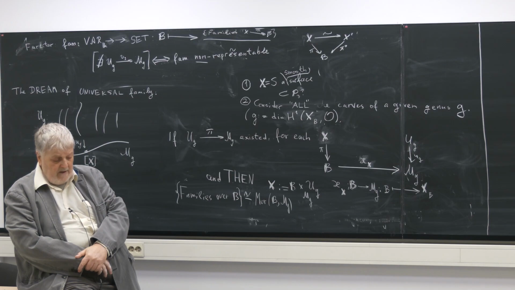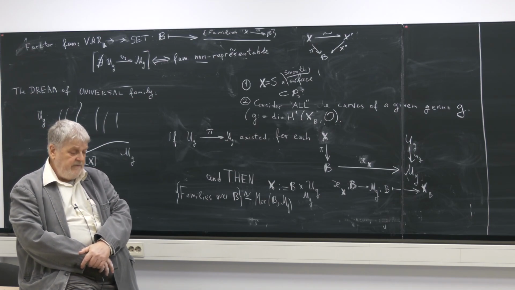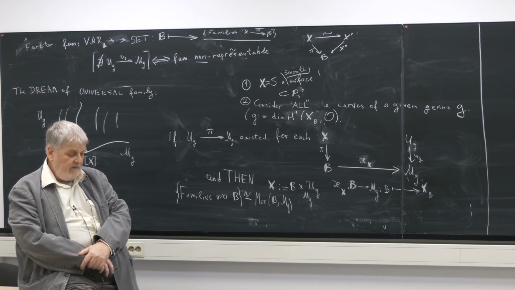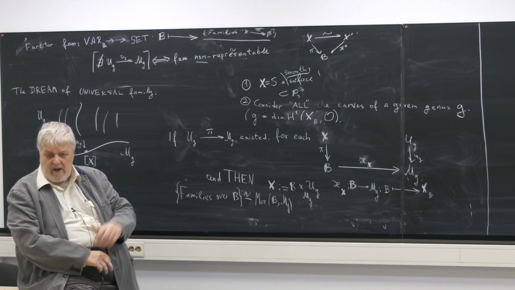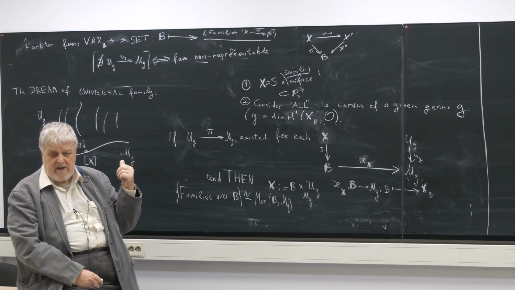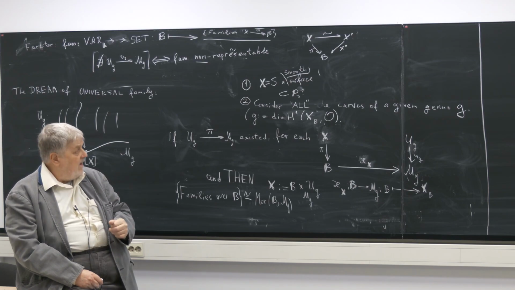And I don't know any understanding of that, but I would say that for me it would be a rather difficult task to give an example of a functor that satisfies some natural axioms of algebraic geometric functors, but is non-representable. And here is the very basic example of that.